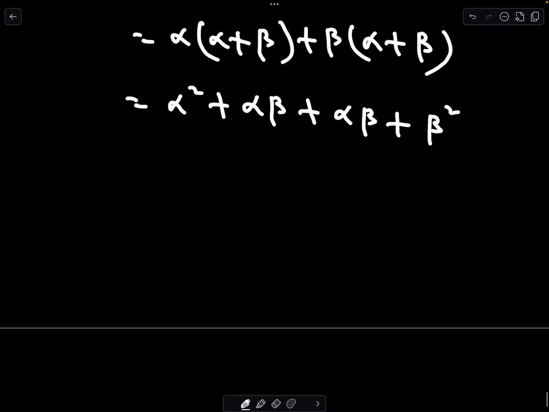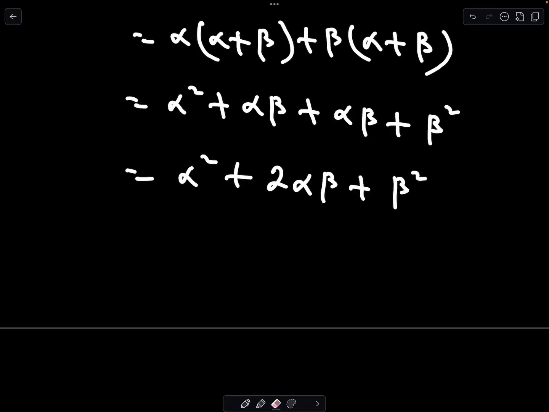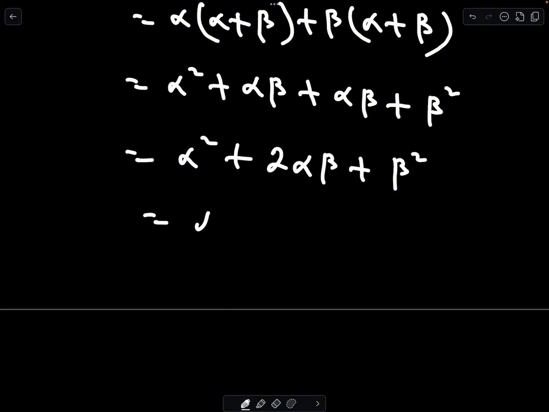So we can write this as alpha square plus beta square plus 2 alpha beta.